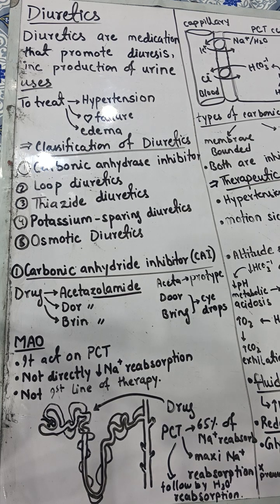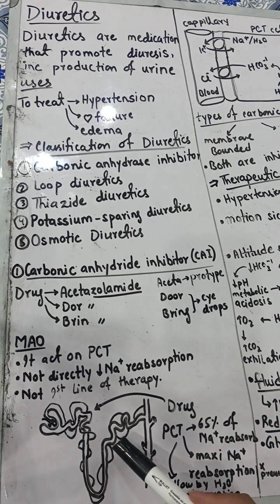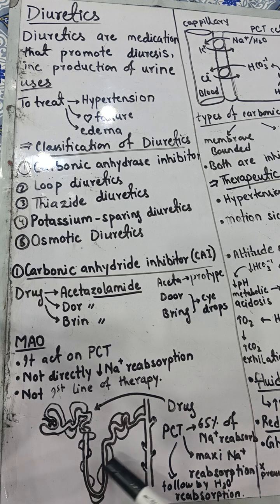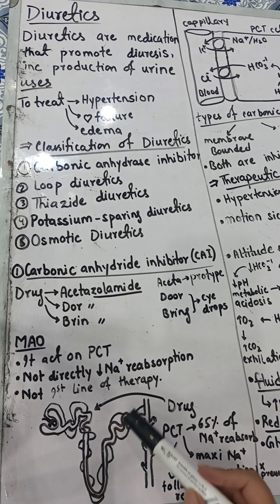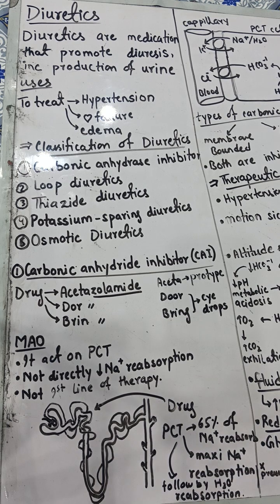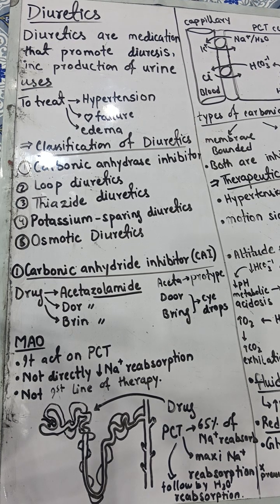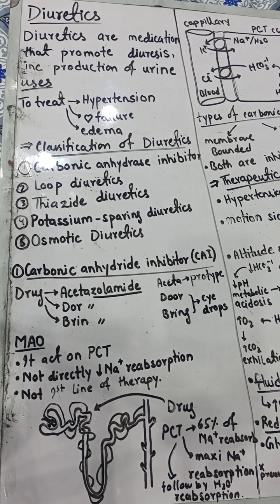So a maximum of 65% of sodium is reabsorbed here, while the other 25% is reabsorbed through the ascending loop of Henle, and another 5% is absorbed by the distal convoluted tubule. But these ratios are not 100% correct, because whenever you take more water, these percentages change, and whenever you take more salt, these percentages change.